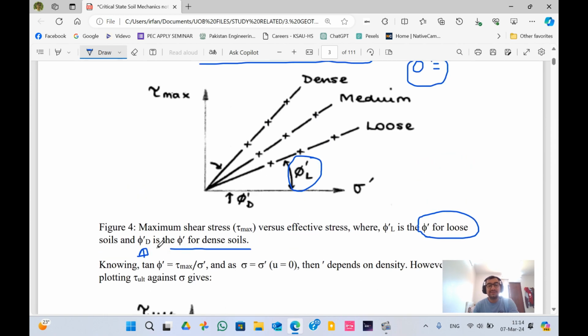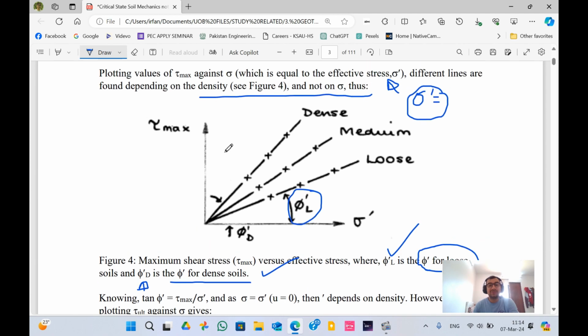So this is basically phi dash L is the angle for loose soil, and phi dash D is the angle for dense soil. So this is if you plot the graph between maximum shear against the effective stress, because effective stress, as I have already mentioned, is total stress minus the pore water pressure.